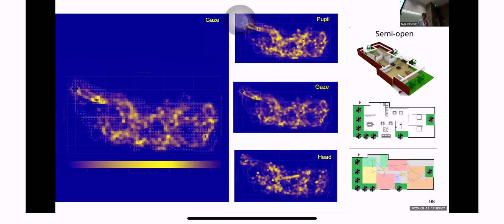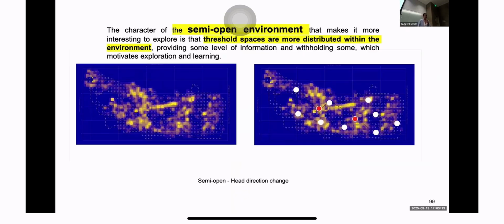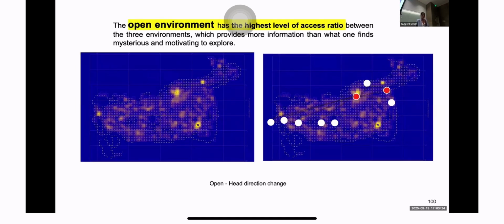But for semi-open, we can see that there is not really a hot spot, but more of paths. And that's basically the interesting character of the semi-open environment, that the threshold spaces are more distributed within the environment rather than in spots. And that's actually why people felt more curious in them.